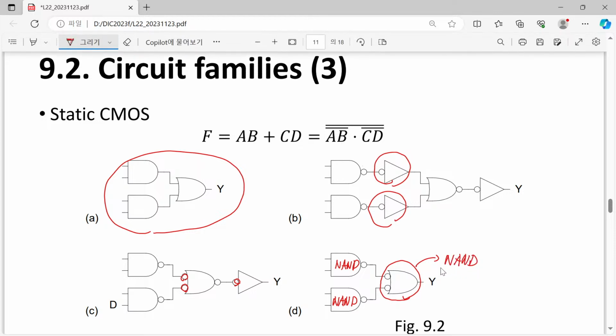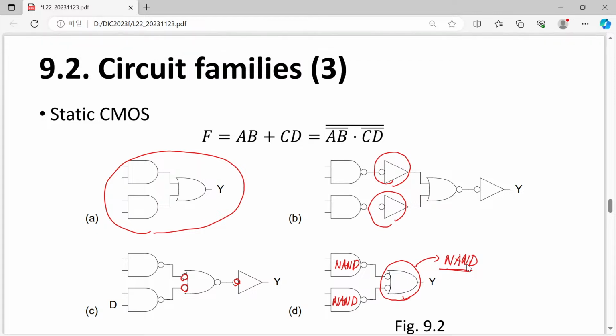So by using this bubble pushing, we can make this kind of transformation, and this transformation is well supported by this expression. So for example, yes, now you can say that this is true.